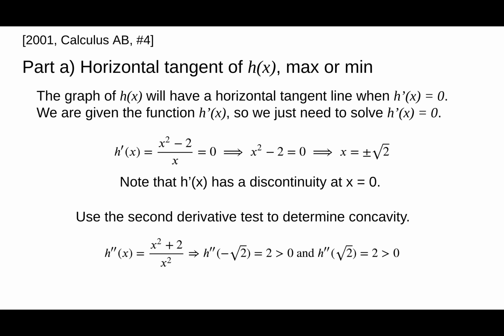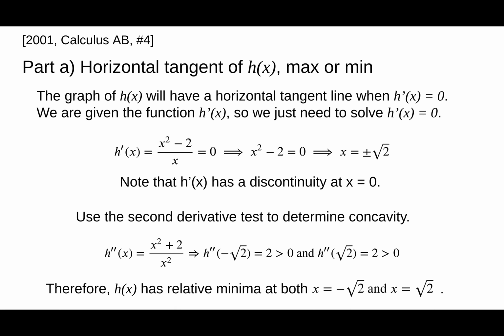Thus, because of the second derivative test, we conclude that h of x will have relative minima at each of those points. They are both relative minima of h of x at x equals negative square root 2 and x equals positive square root 2.